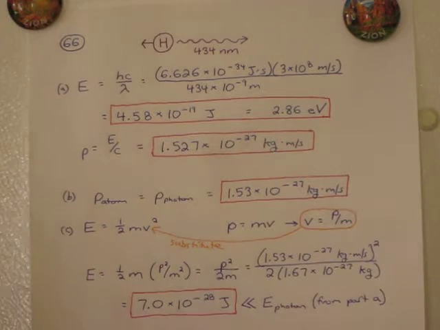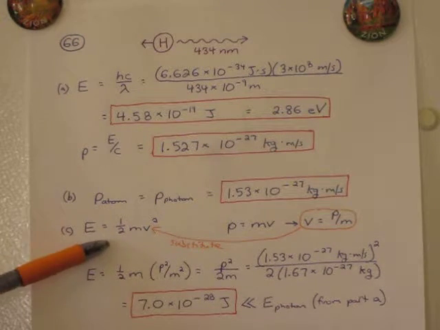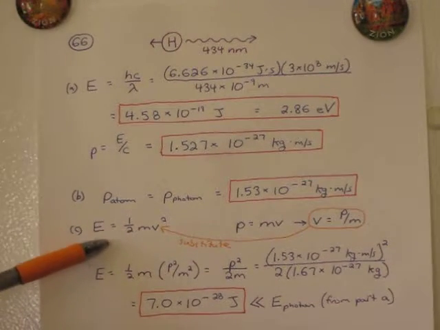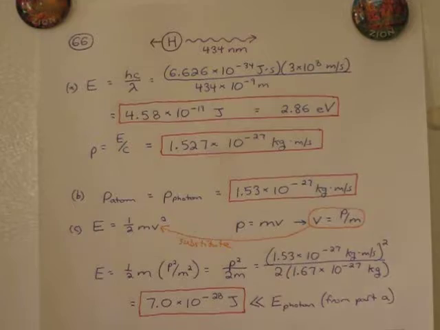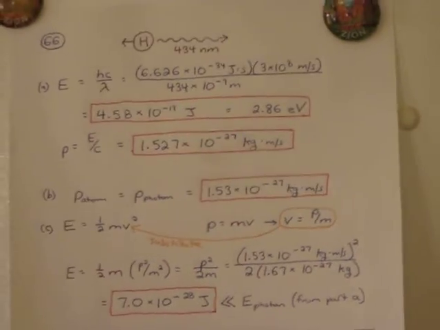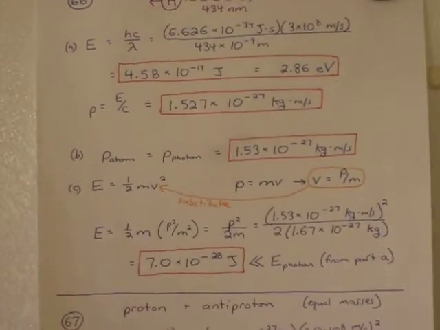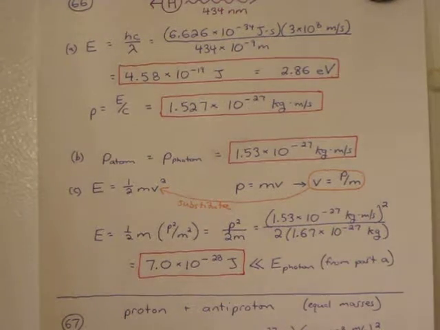To find the kinetic energy of the recoiling atom, we should remember that kinetic energy is 1/2 mv squared. We don't know directly what the v is. We could solve it, but let's do it a slightly simpler way.